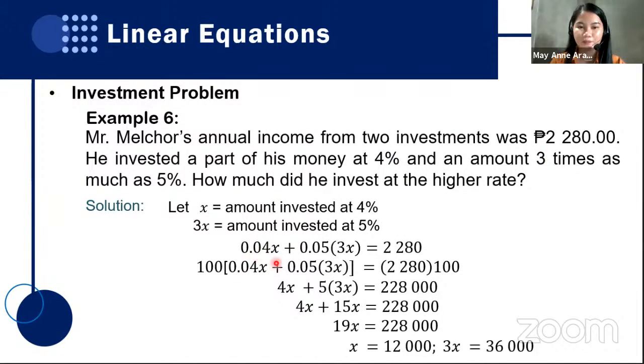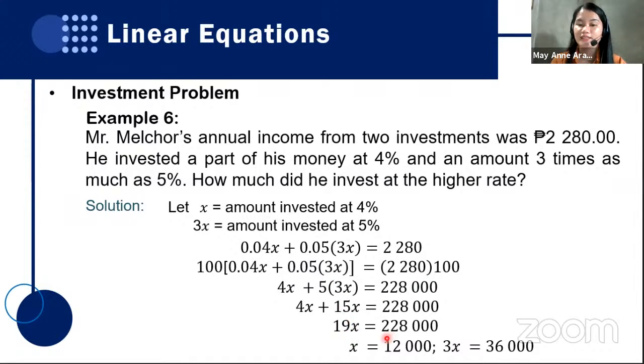So just convert the given percent in decimal, and para mas madali yung pagsosolve, gawin nyo silang whole number. So you have 4x plus 5 times 3x is equal to 228,000. And just add, subdivide muna 15x.